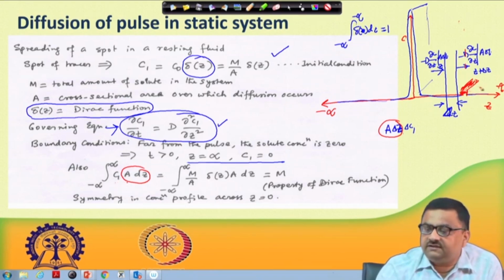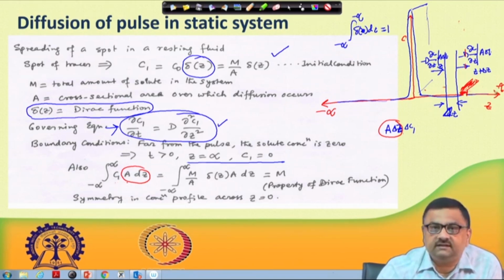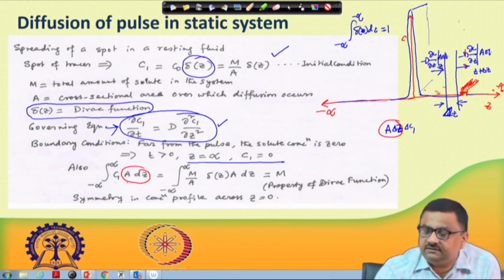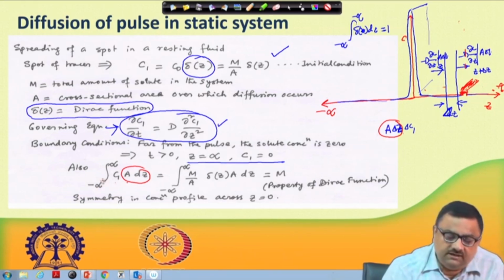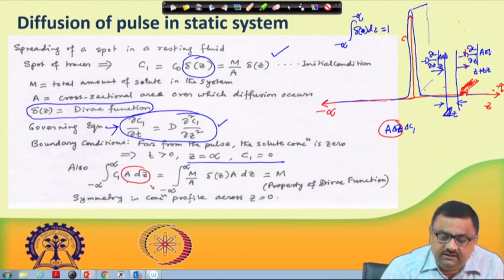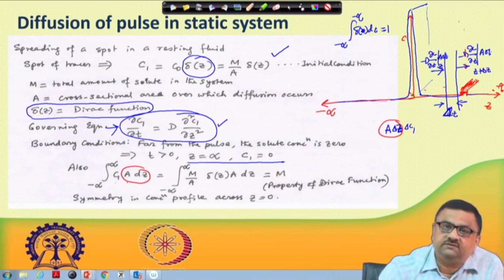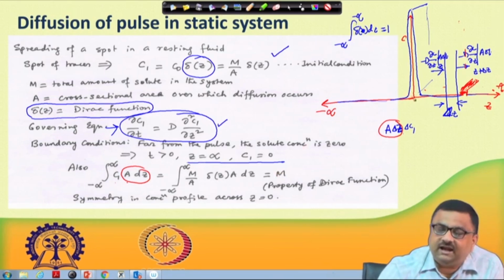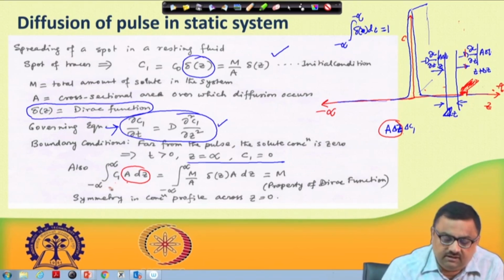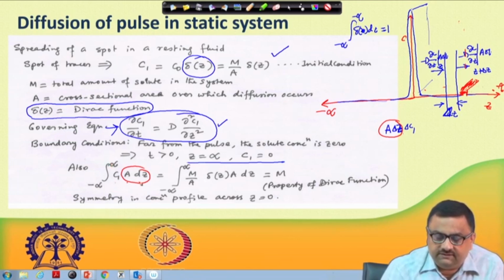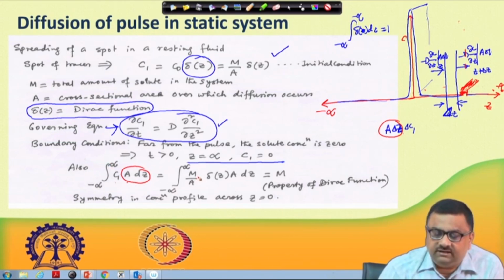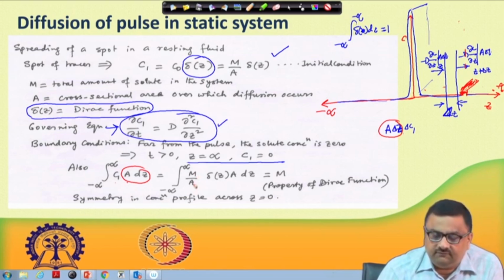If you sum all such masses everywhere, from minus infinity to plus infinity, this gives you the total m, that is, the kg of solute that you placed at z equal to 0 at time t equal to 0. The same thing is happening here, because in the integral of C1 A dz from minus infinity to plus infinity, instead of C1 you write m by A, as we have already seen.